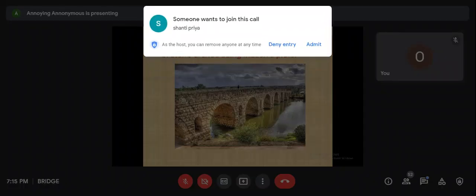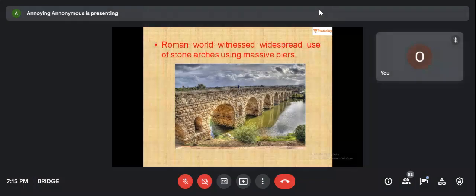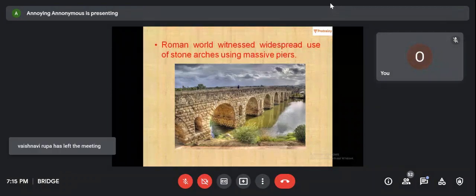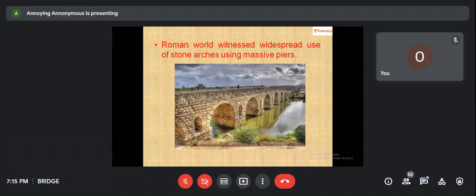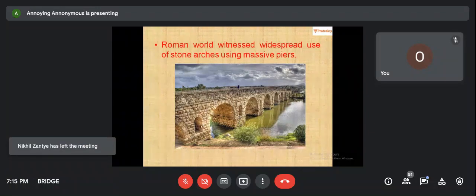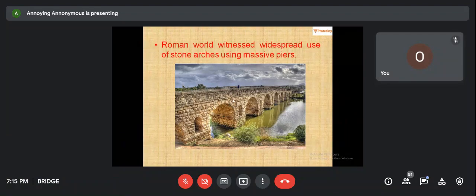This is what we call a pier. You can know more about this terminology when we move into components of bridges. The deck of the bridge rests upon these piers via, and the bearing is these arches.